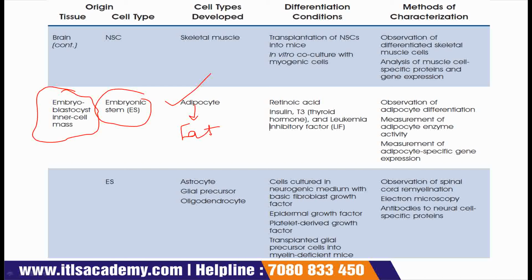For the differentiation of adipocyte, there is the retinoic acid, insulin, thyroid hormone, and leukemia inhibitory factors are required. Methods for characterization are observation of adipocyte differentiation, measurement of adipocyte enzyme activity, and measurement of adipocyte specific gene expression.